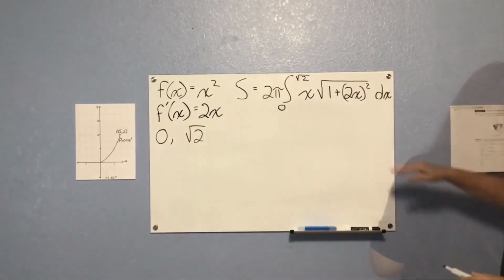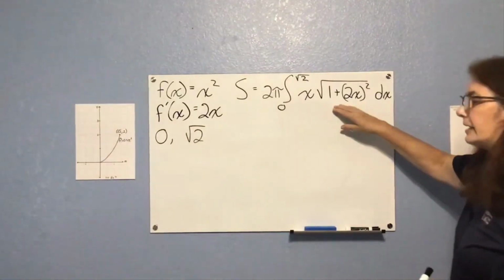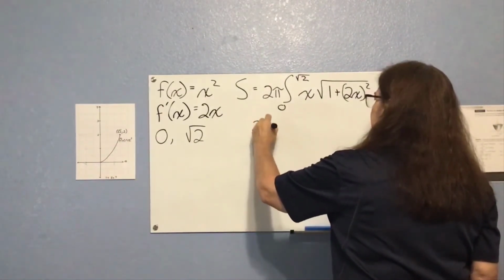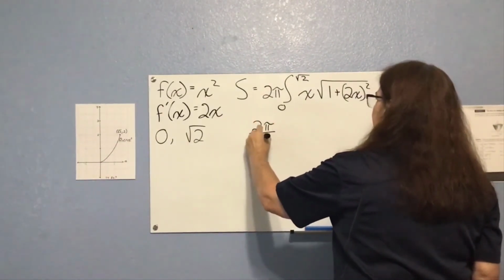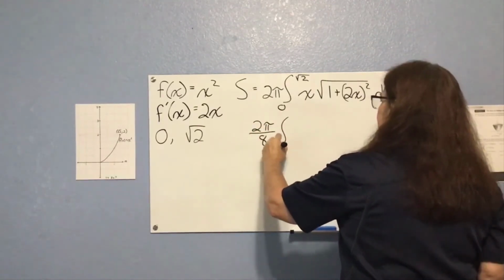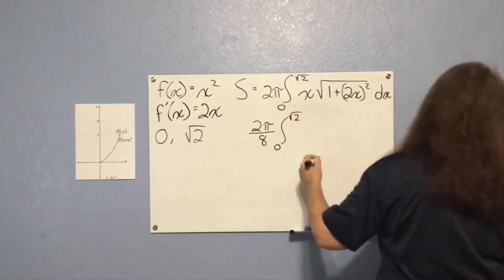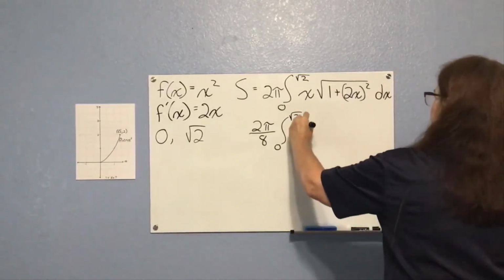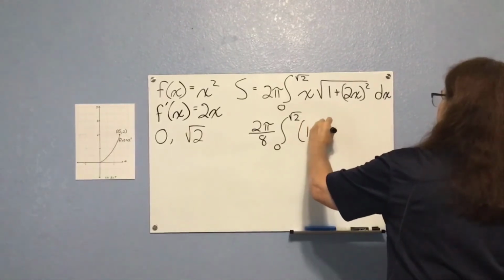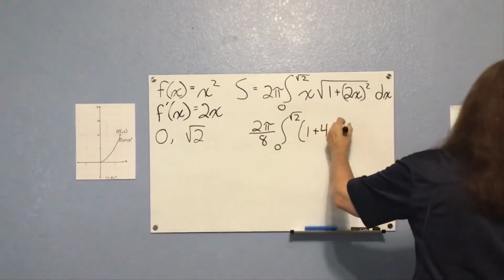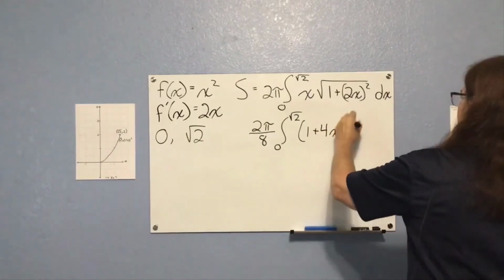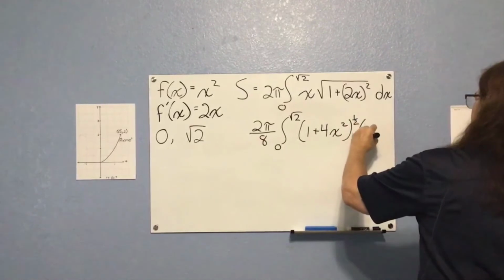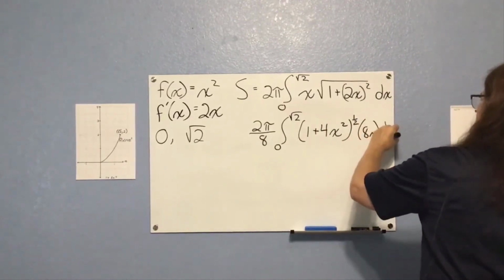dx. On the inside, I'm going to need a factor of 8. So I'm going to bring an 1/8 out to the outside. 2 pi over 8, integral from 0 to square root of 2. And now on the inside, I have 1 plus 4x squared to the 1/2 times 8x dx.